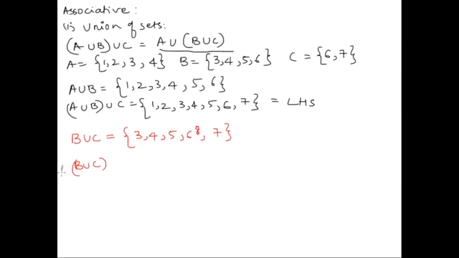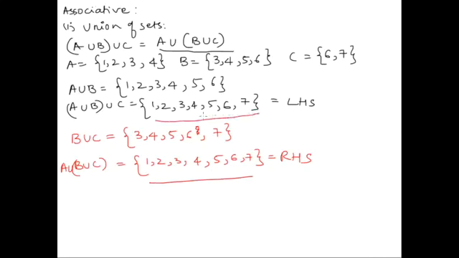That means first we list out A, which is 1, 2, 3, 4. And then we list out B union C without repeating. That's 5, 6, 7, which is RHS. Now if you compare these two, they are the same. So LHS is equal to RHS, which proves that union of sets follows the associative property.